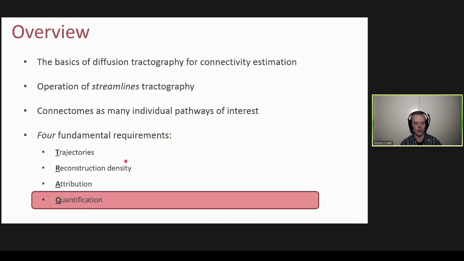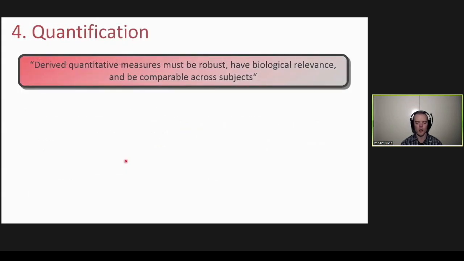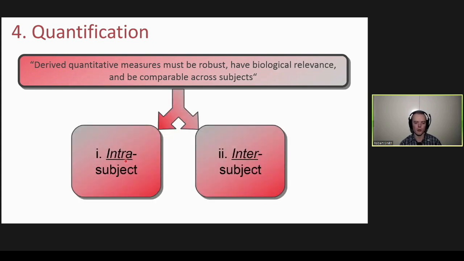Okay, so the fourth requirement in my list is quantification. We're generating a structural connectome. We want to quantify connectivity between regions so that we can do some analysis on it. But what are we actually quantifying? This, again, I'm going to break into two different parts.